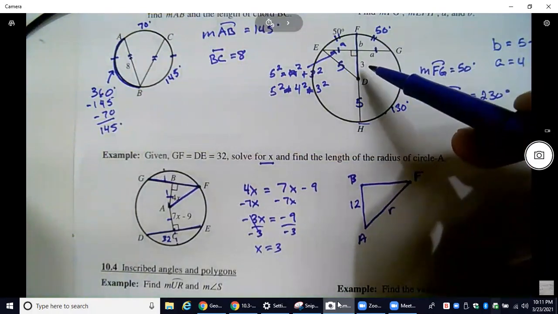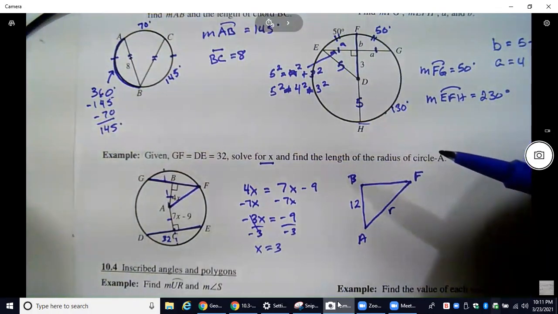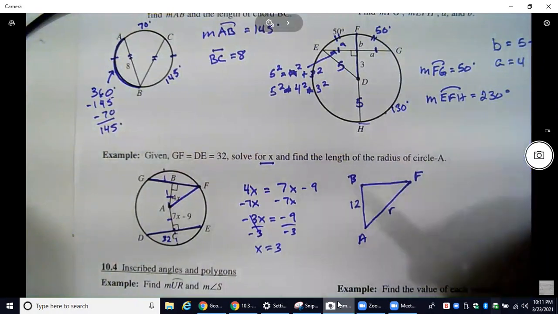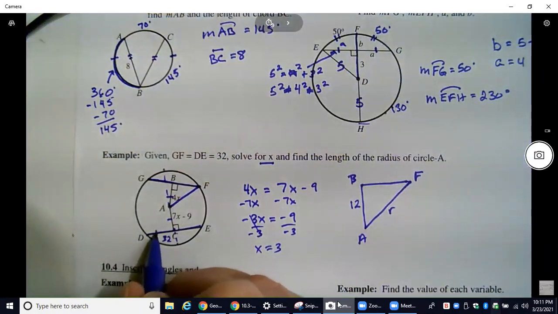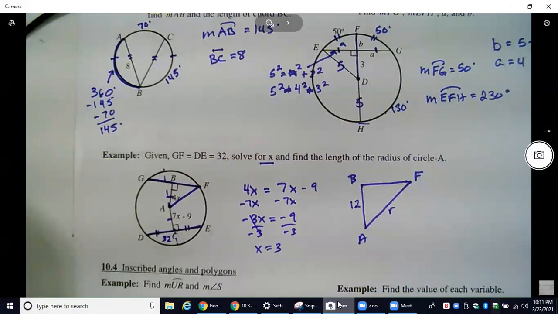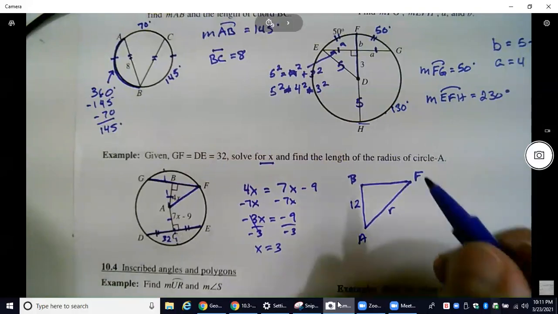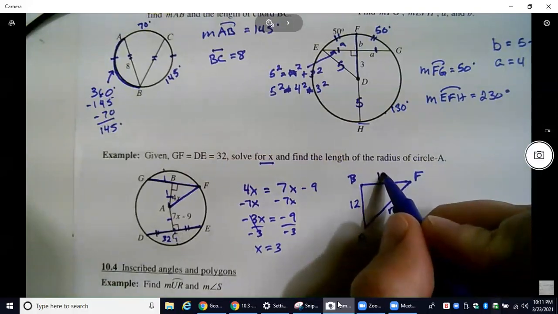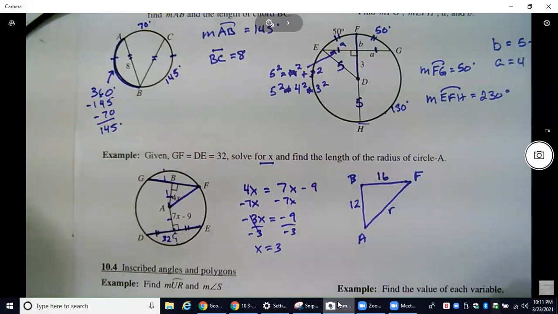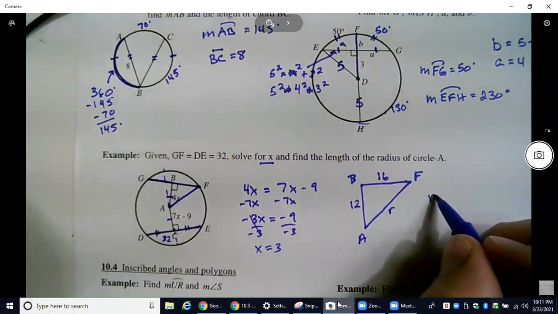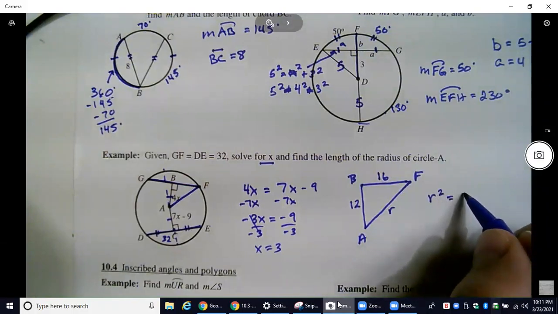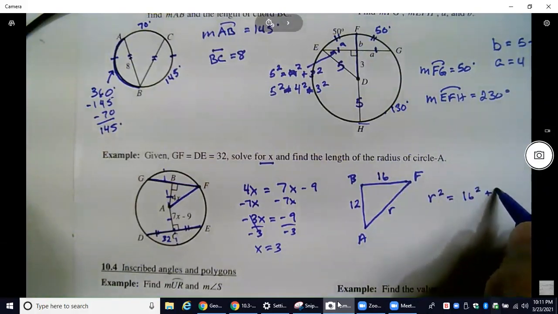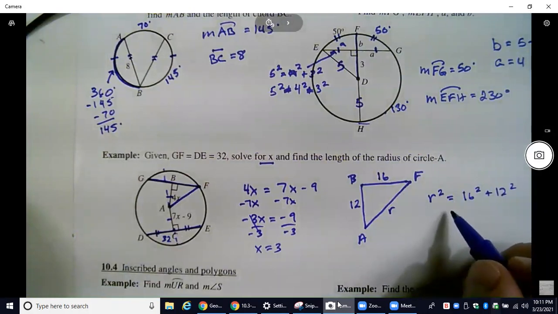And the rule over here was when a diameter intersects a chord at a 90-degree angle, these two segments become equal. That is bisected. So I can say that this side over here is 16. So now we're really going to do Pythagorean theorem. R squared is equal to 16 squared plus 12 squared.